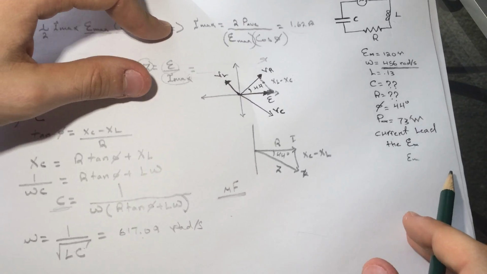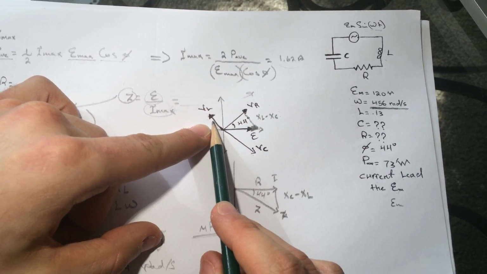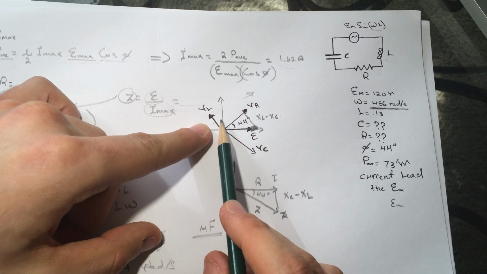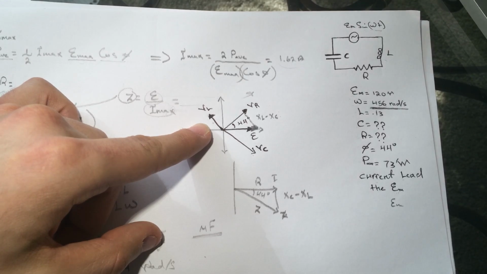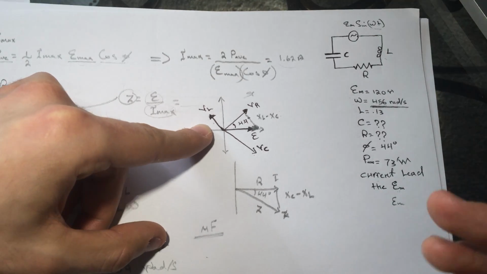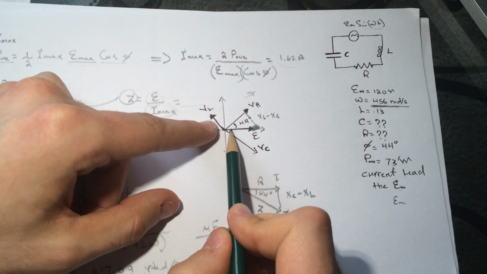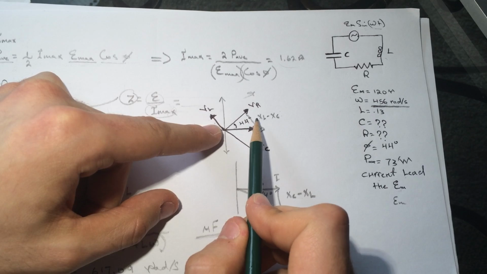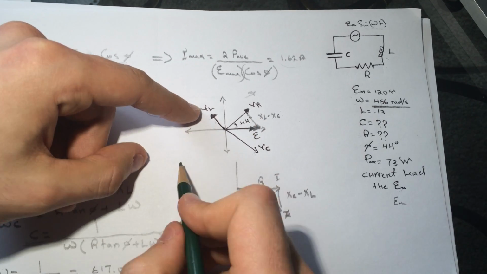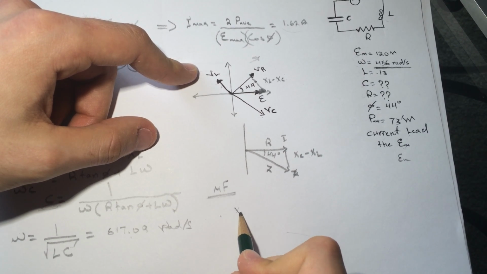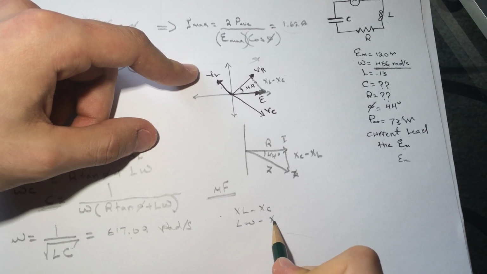Or you can see that the VC here was bigger than the VL. In order to be at resonance, the angle between those should be 0, which means that the XL minus XC should be 0. And to do that, we need to increase the omega, because when you do the XL minus XC, this is L omega minus XC.